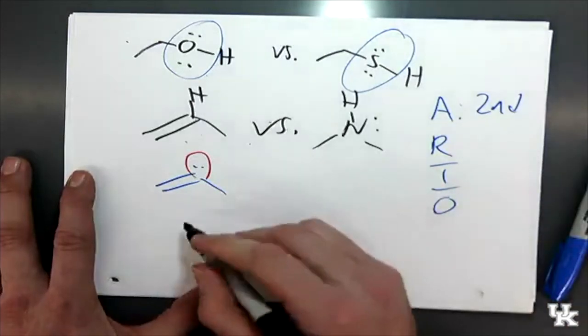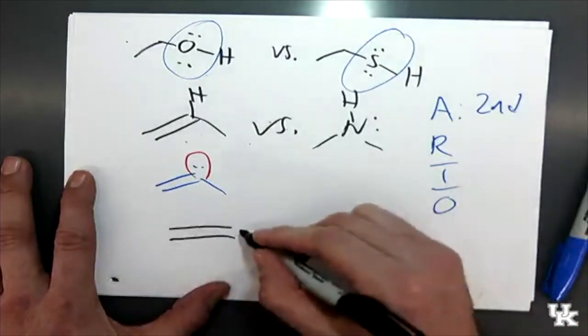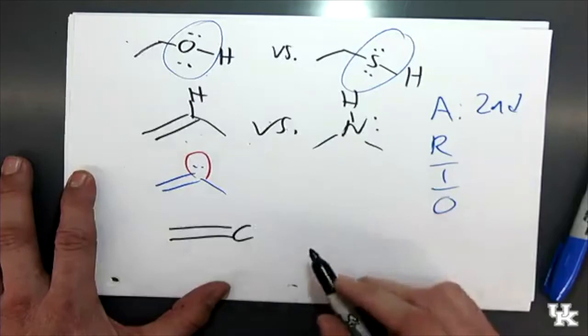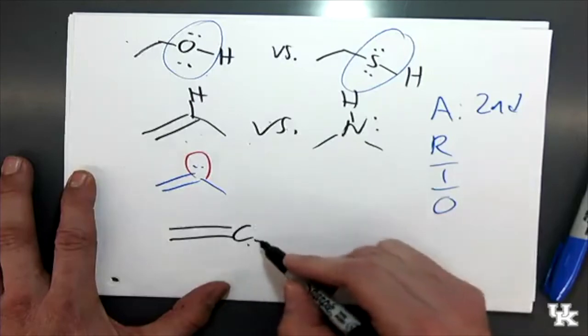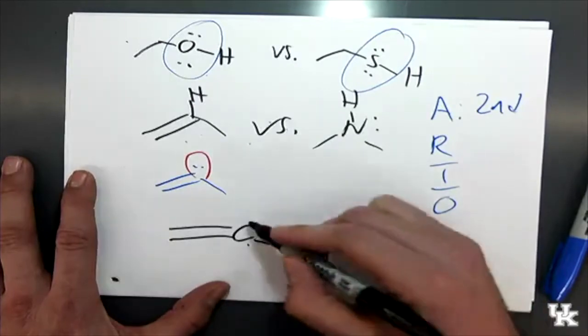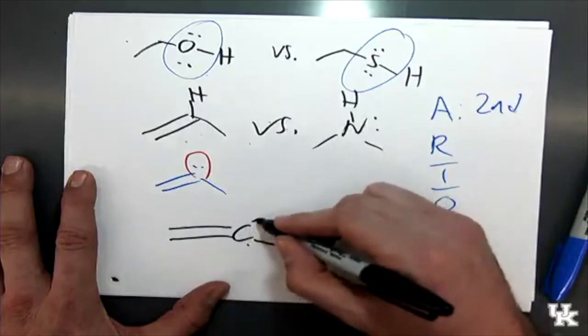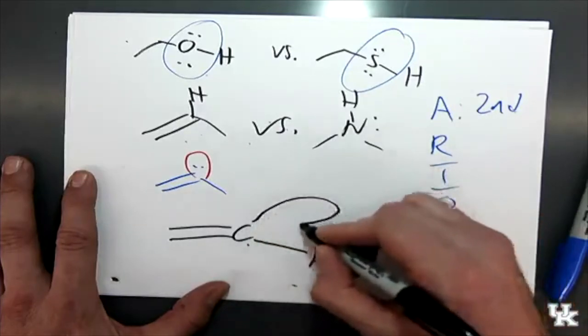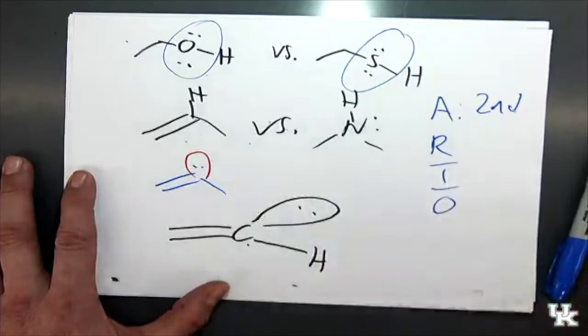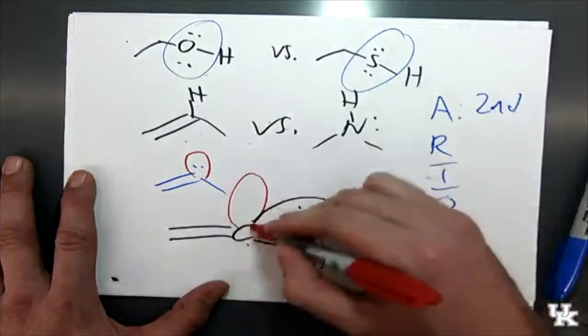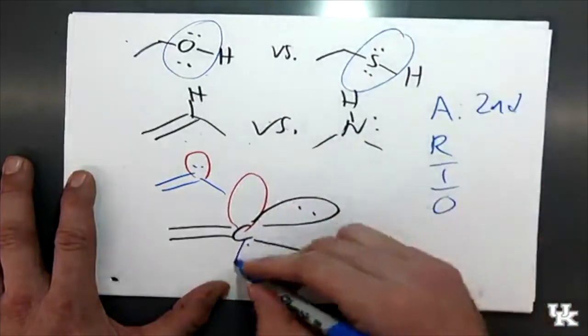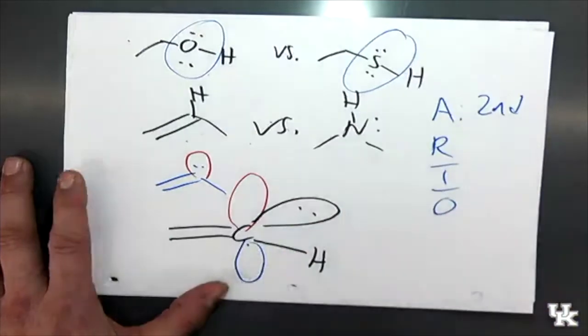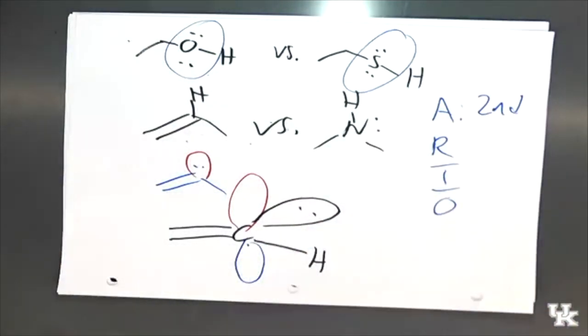Maybe if I draw it like this, with the carbon here, and I draw the hydrogen coming out, and the lone pair coming out the other way, and the p orbital sitting on top. Does that help you see that that lone pair is actually in sp2, and so does not actually have resonance with the double bond as we see it here?